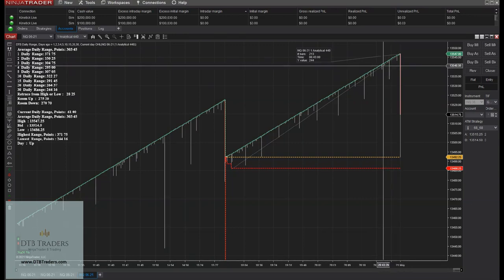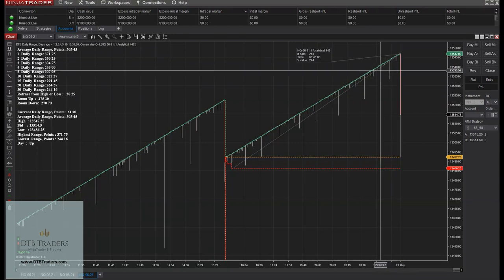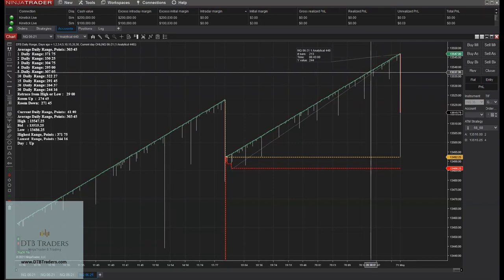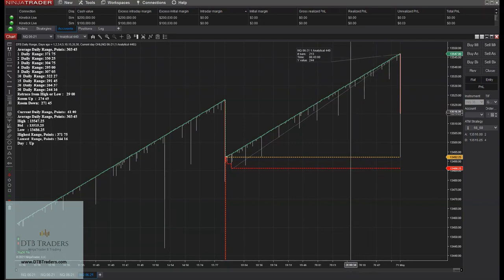So sometimes later in the afternoon, or even the early afternoon, the market makers and the institutions do not have enough time to push the price all the way down to the low of the day and another 60, 70 points. So to fulfill the daily range, they'll just go up another 40 points or whatever the value is of that daily range.